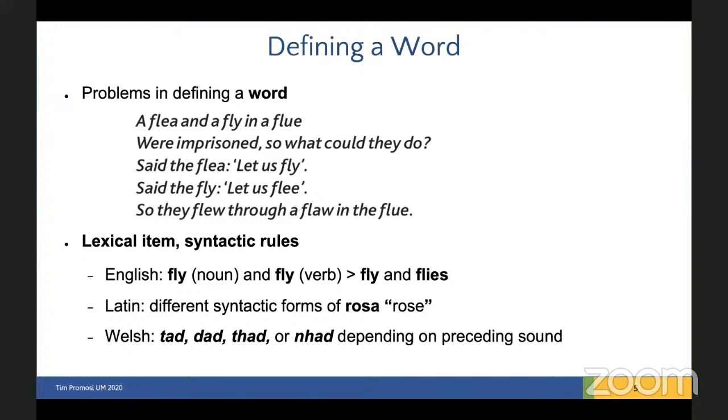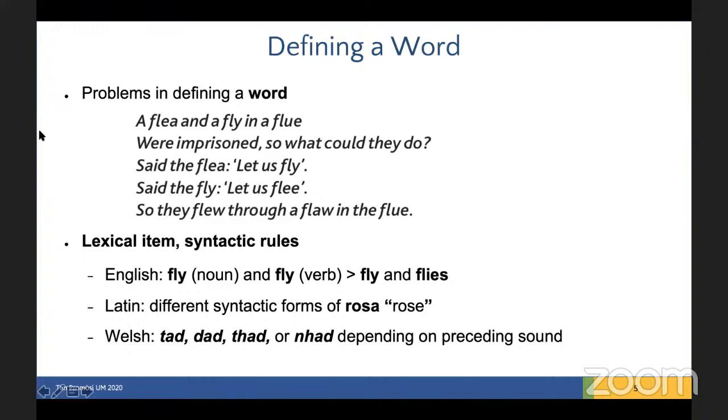So that is an example in English. Now, if we look at Latin, another language, there are different syntactic forms of rosa, which means rose. And in Welsh, different forms can appear depending on the preceding sound.